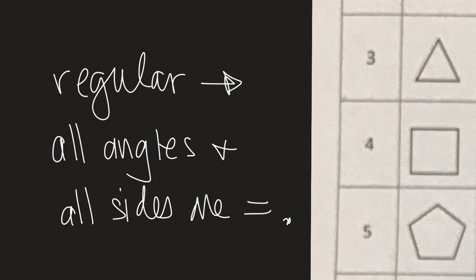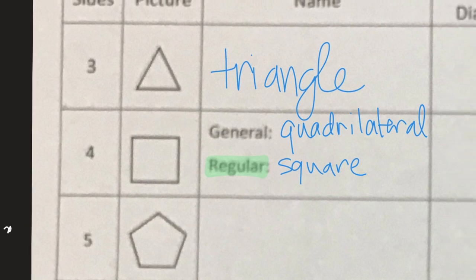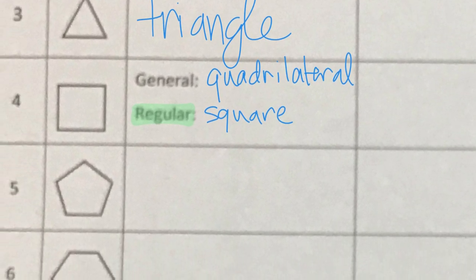Right, that's our geometric word for equal, having the same measures. Oh, that's some sloppy handwriting. I haven't done this for a while. So regular means perfect. All the angles are the same, all the side lengths are the same, which is why a square has four equal angles and four equal sides. Regular polygon means a perfect polygon.